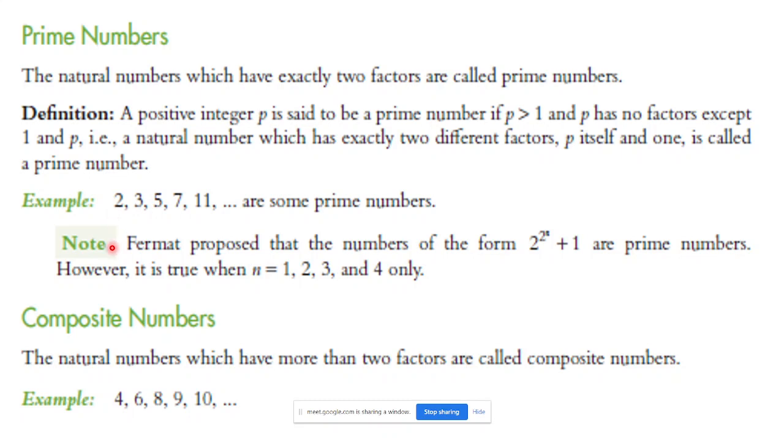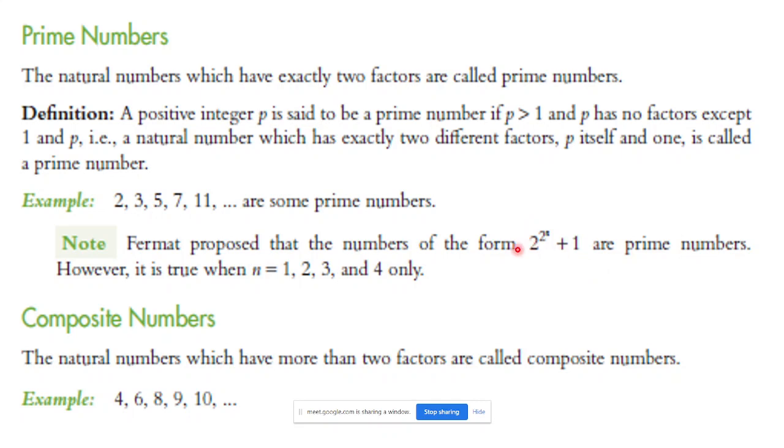Note, Fermat proposed that the numbers of the form 2 power 2 power n plus 1 are prime numbers. If any number is in this form, then he said it is a prime number. However, it is true when n is equal to 1, 2, 3 and 4 only.